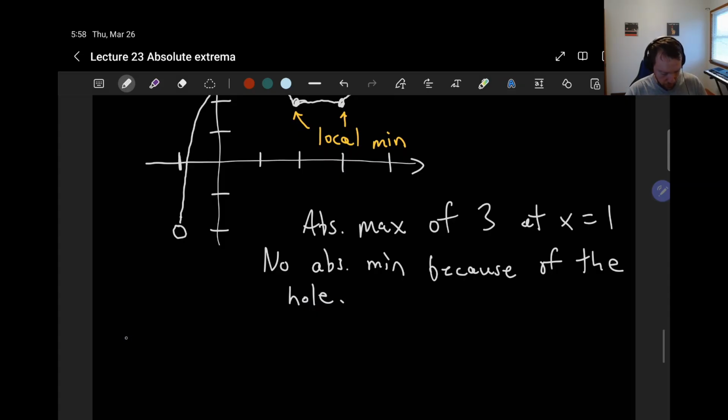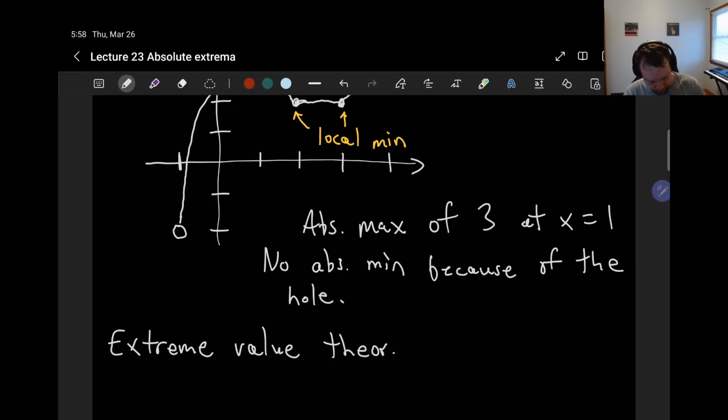So this leads to the extreme value theorem. What it does is it lays out certain cases where you're guaranteed to have both an absolute maximum and an absolute minimum.